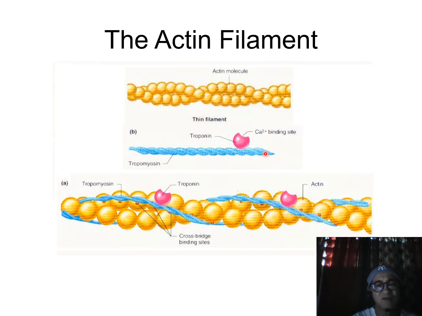And then you have long proteins that intertwine around the globular actin filaments, which we call tropomyosin.